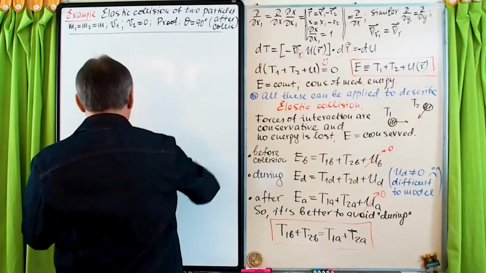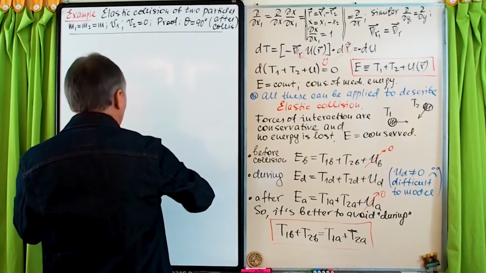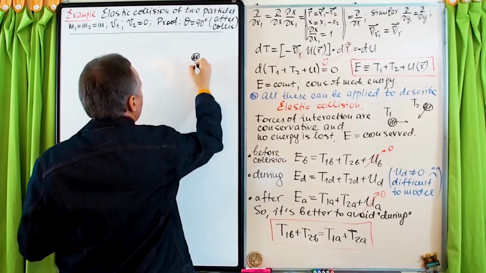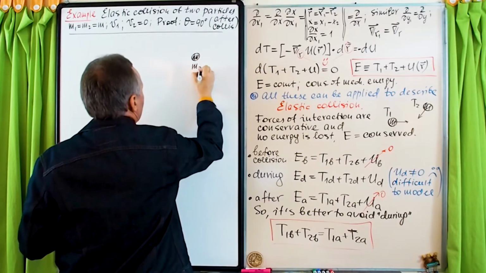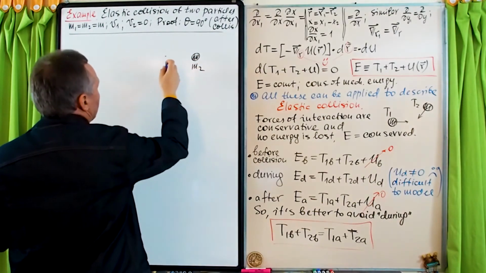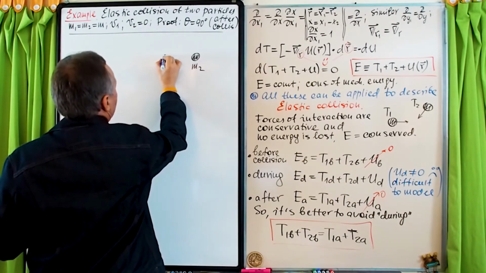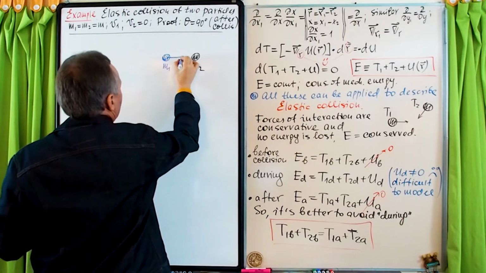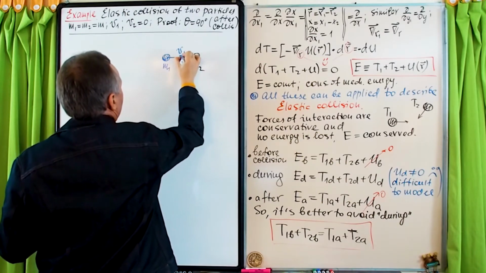So let's say this is the particle which is at rest, that's M2. This is the incident particle, M1, which moves with velocity V1.